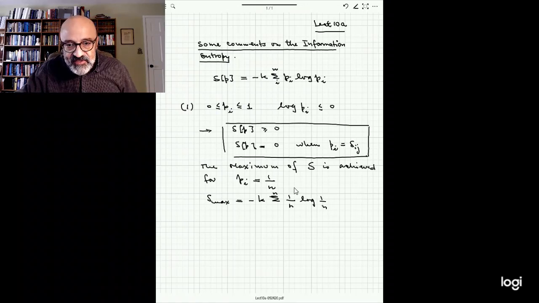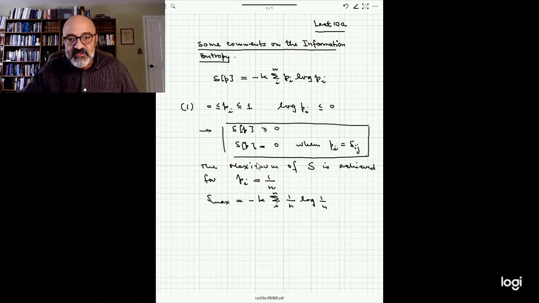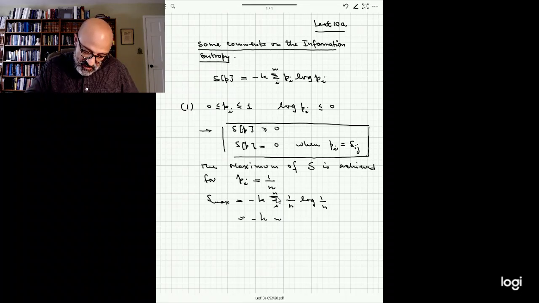Now, none of these terms depends on i. So what we have is n equal terms, like that. Cancel the n's, cancel the minus sign, and you have that the maximum is equal to k log n.